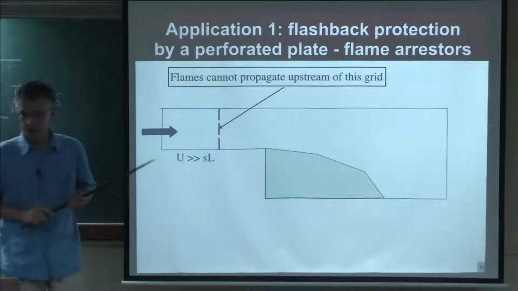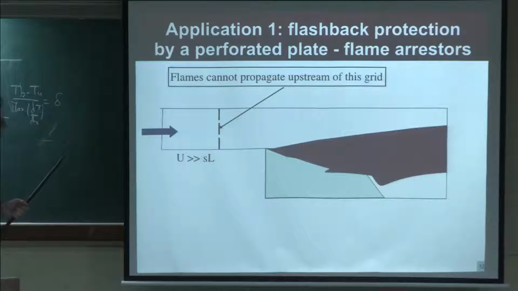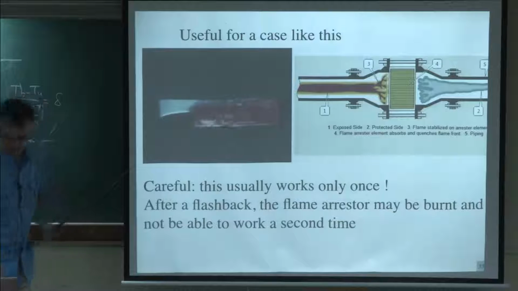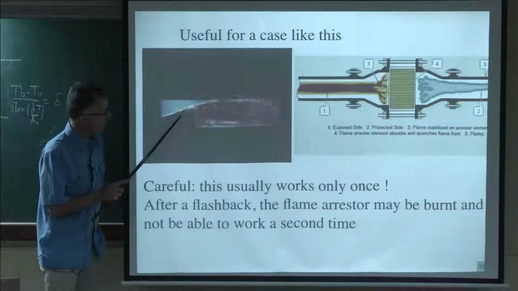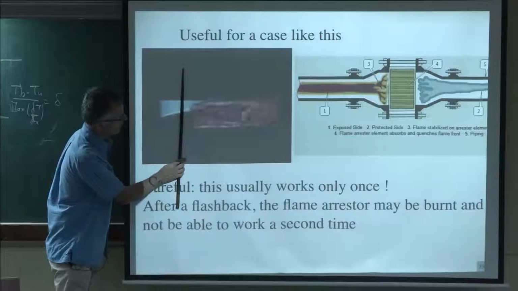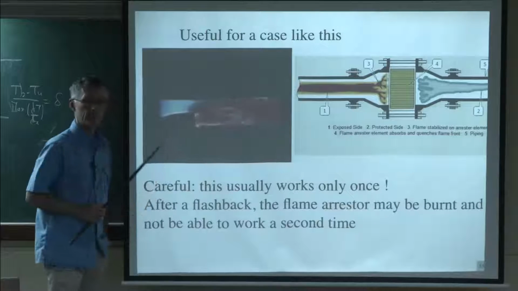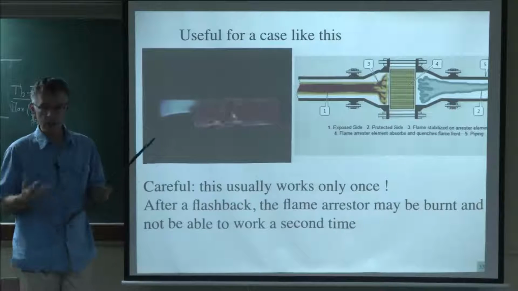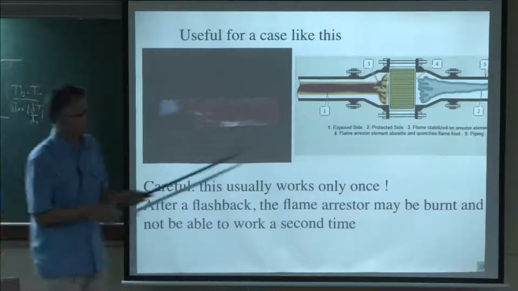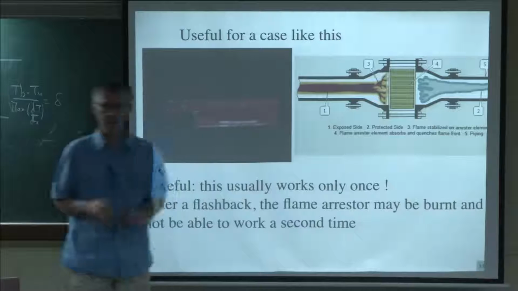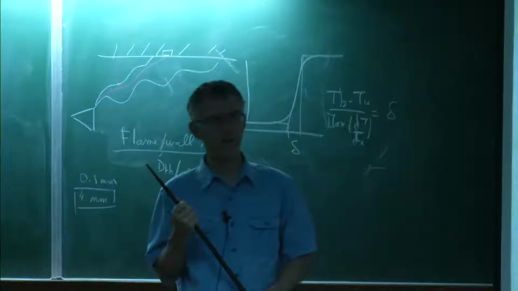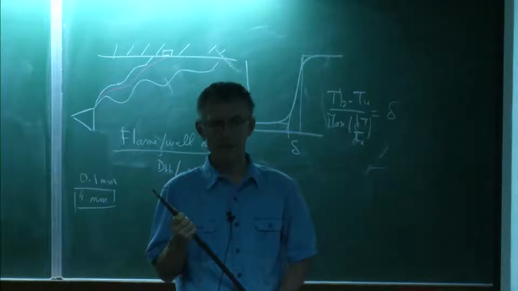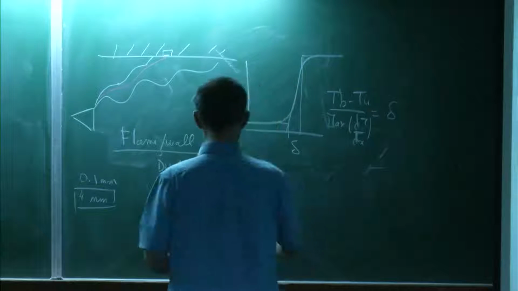That will prevent flashback, because if the flashback wants to begin, when the flame reaches that point, it will stop. Here there is no grid like this. If there were a grid here with holes, then the flame would be stopped here. That's what we call the flame arrestor, and flame arrestors are actually sold on the market. You can buy them, because every time I've seen some people doing premix flames here, it's a good idea, if you do a premix flame experiment, to have a system like this.